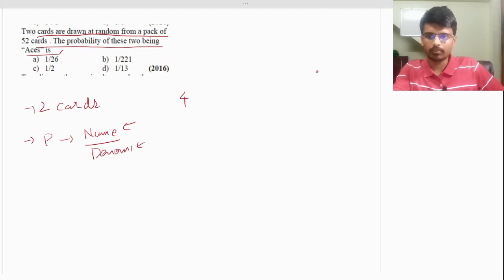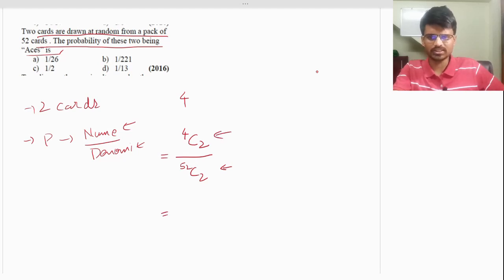So we are picking two cards, so I'll use the concept of combination. My numerator will be 4c2. My denominator, we are drawing two cards from 52 cards, so it will be 52c2. This covers all the possibilities, and the numerator is the favorable outcomes.